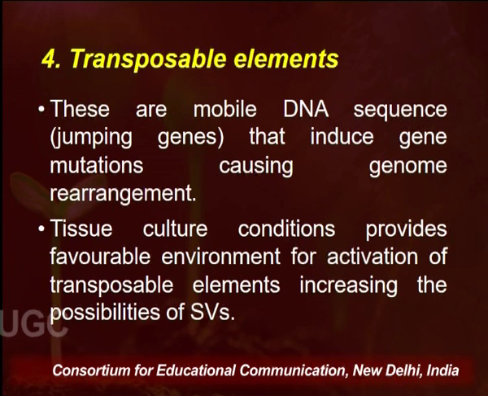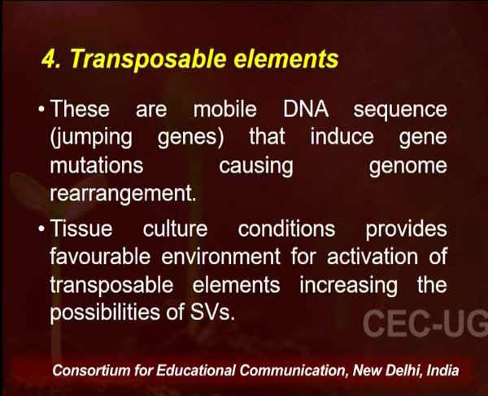Fourth reason was the transposable elements, and as I told you, these are nothing but short mobile DNA sequences, which we also call jumping genes. They lead to certain kinds of genetic mutations, which eventually lead to rearrangement in the genes.